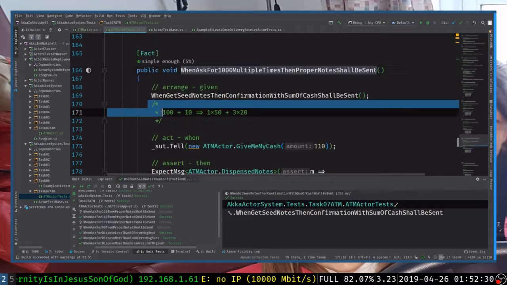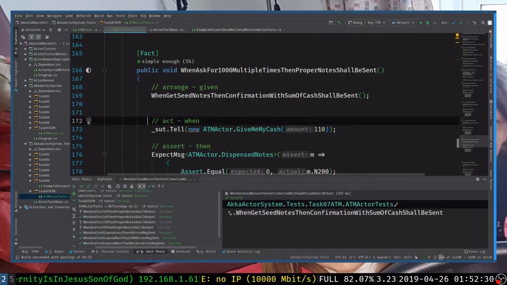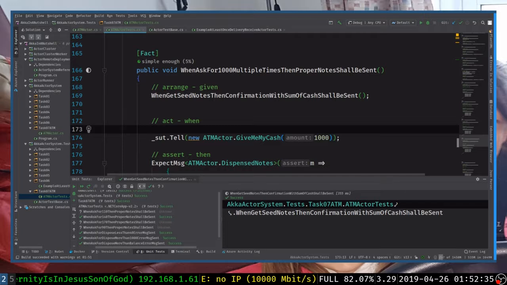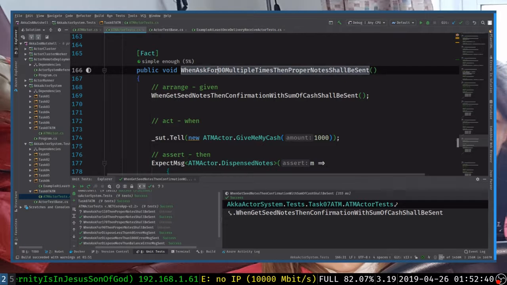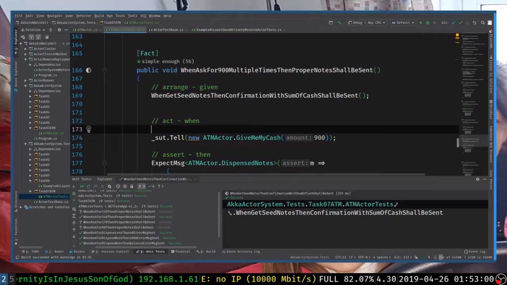Okay, so what we do now? Give me a cash, 1,000. Oh, okay, we do this with 300. It's a good example. Because for the first 300, maybe 500, and maybe just 900. Okay, so when we ask 900, nobody can ask multiple times, so that's 500.